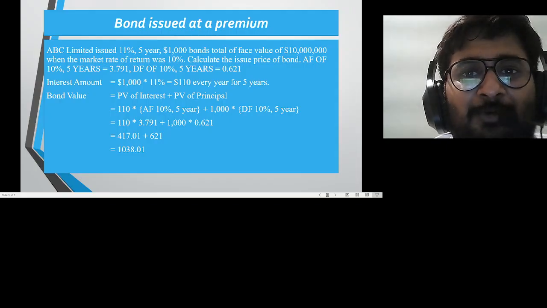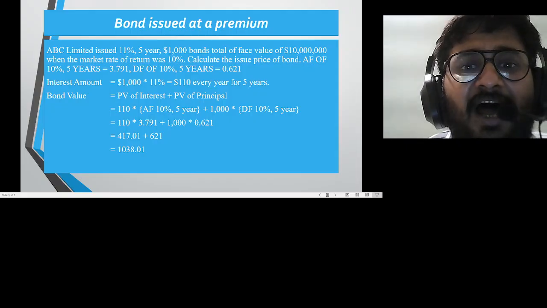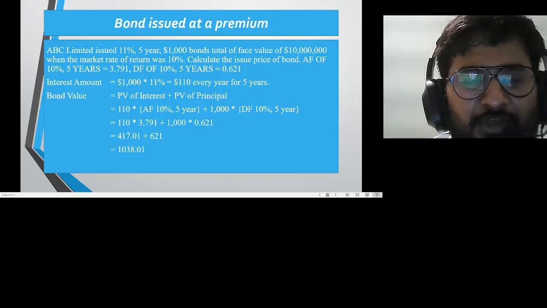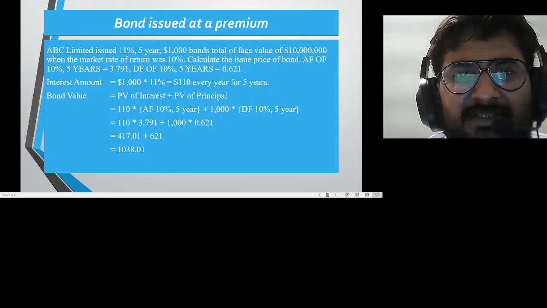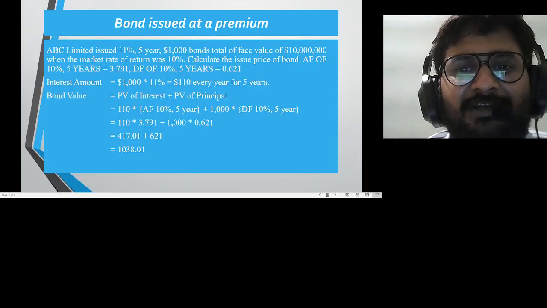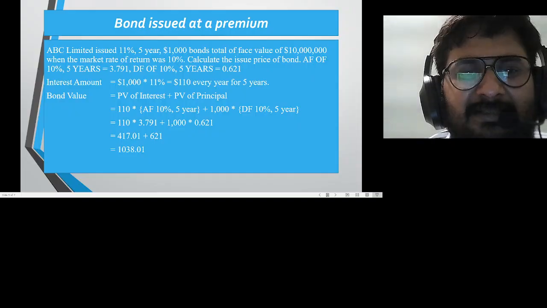Now the interest amount, again you calculate by multiplying the par value, that is $1,000, with the coupon rate of 11%. So it is $1,000 into 11%, that is $110 every year for 5 years. At the end of year 1 you will pay $110, at the end of year 2 you will pay $110, and so forth till the 5th year. So PV of interest plus PV of principal.